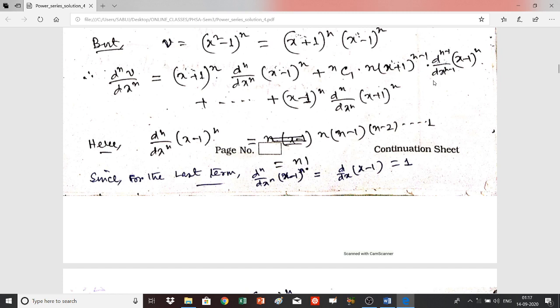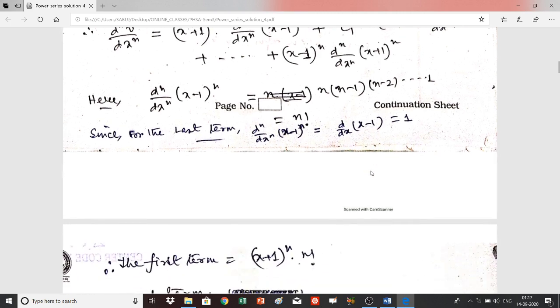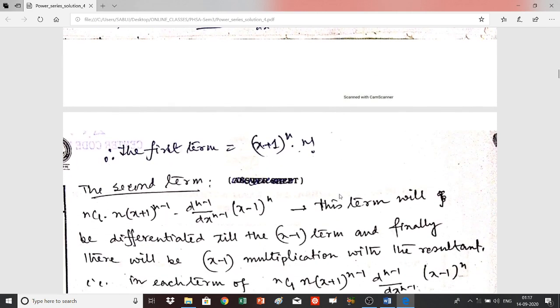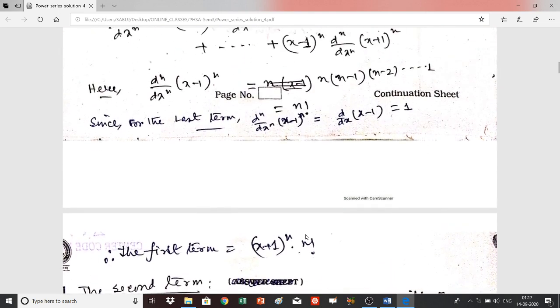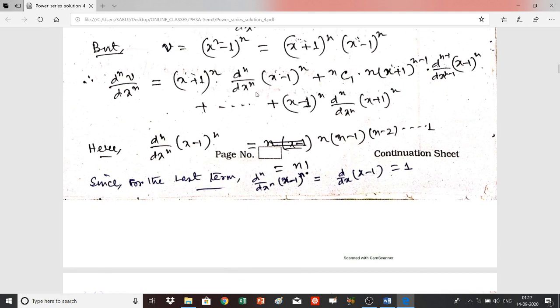So one order less means this order of differentiation will give you the x minus 1 term. I hope that you understand this. So the last term will be x minus 1, and this x minus 1 will be multiplied to all the terms, and I see from this relation that this term also consists of the x minus 1 term.